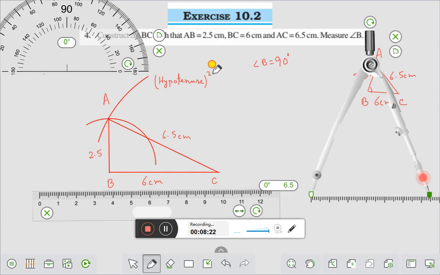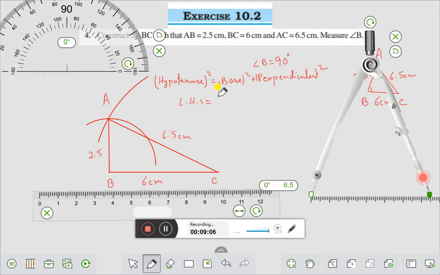Let us find first the left hand side. Hypotenuse is 6.5. Let us check whether left hand side and right hand side are equal or not.